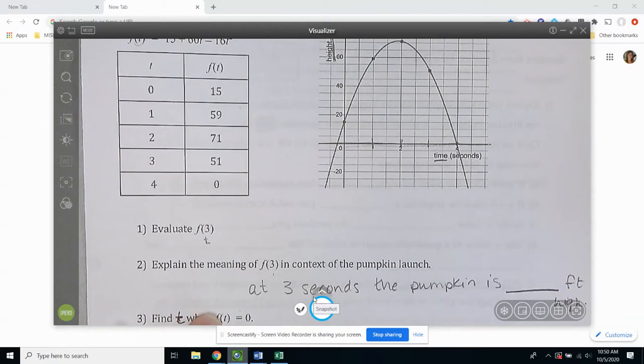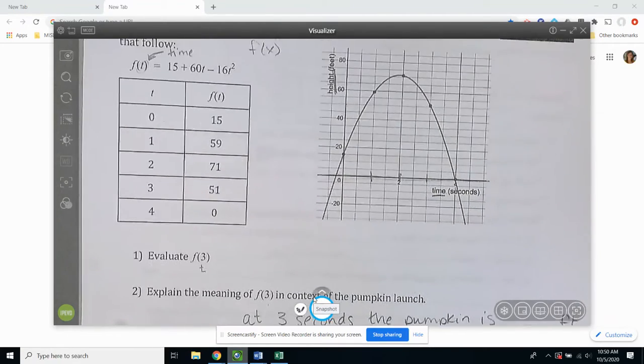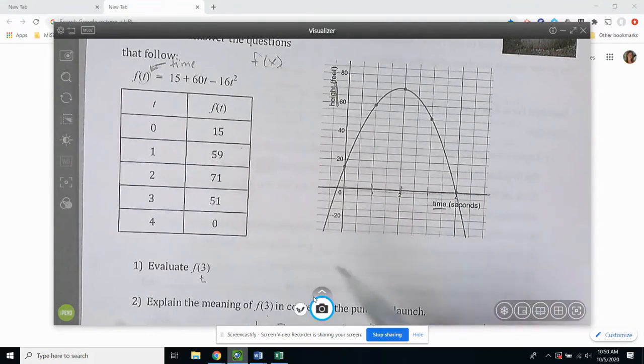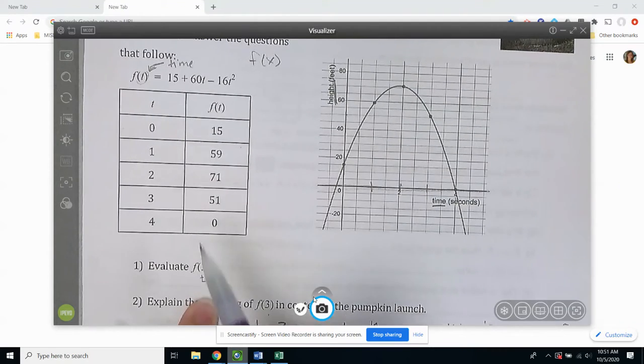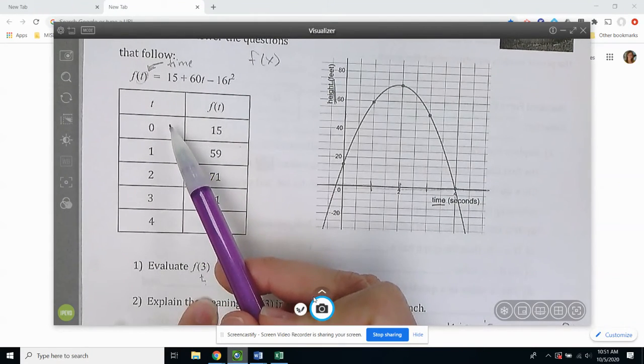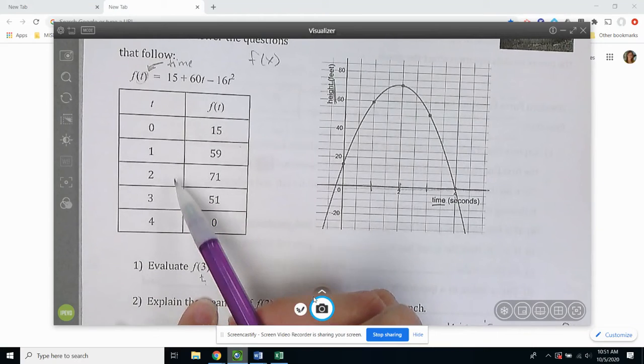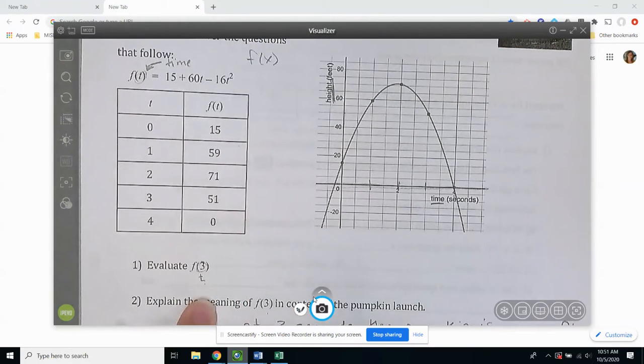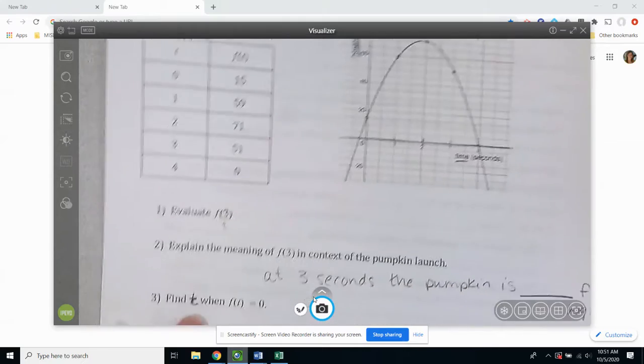So go ahead and fill in that blank. So now another way you could do this is instead of looking at your graph, you could actually look at your table. So this says your t value. So if you go to t and you figure out where, so this is 0, 1, 2, 3, 4 seconds. So this is asking you at 3 seconds, what is your y value? So you can figure it out that way as well.